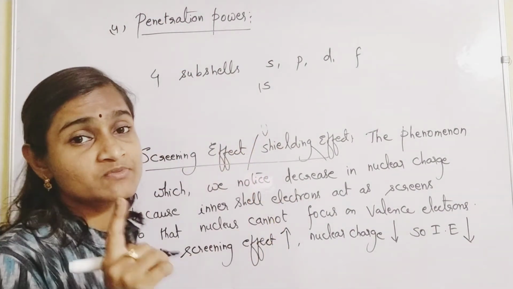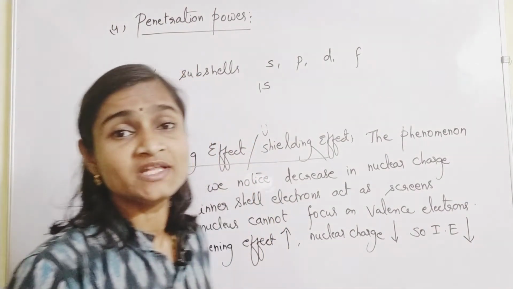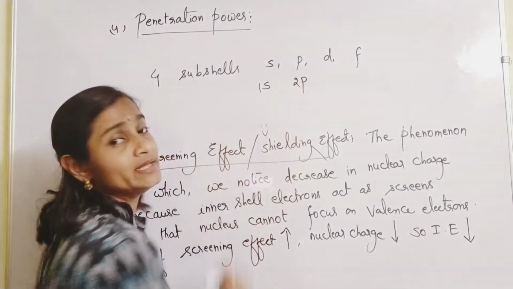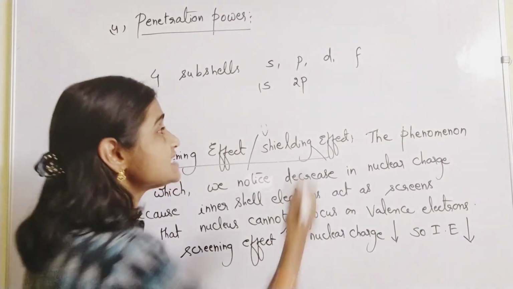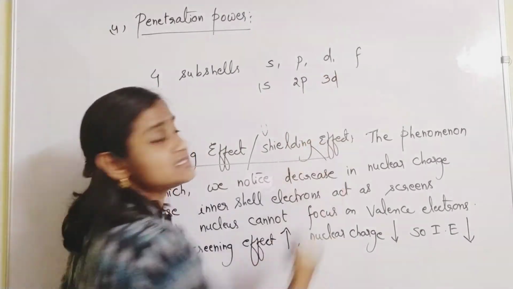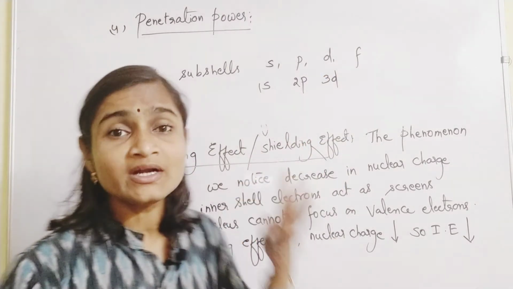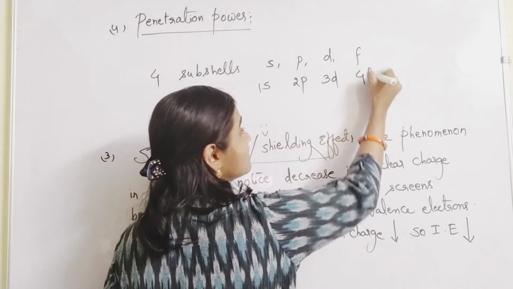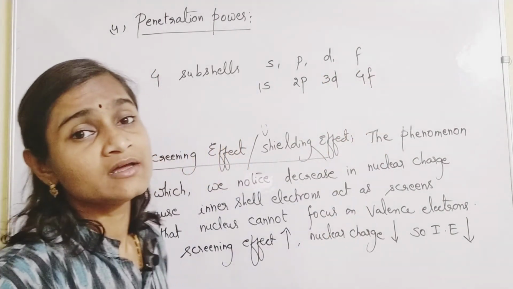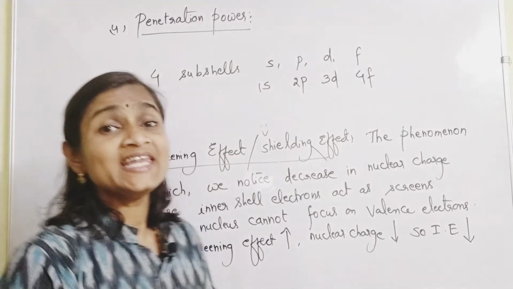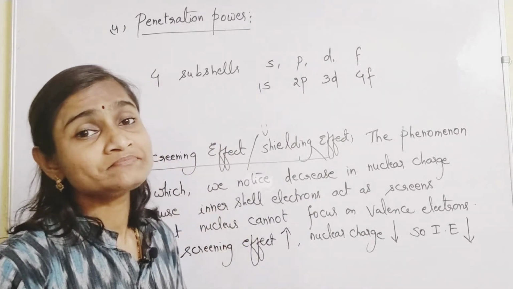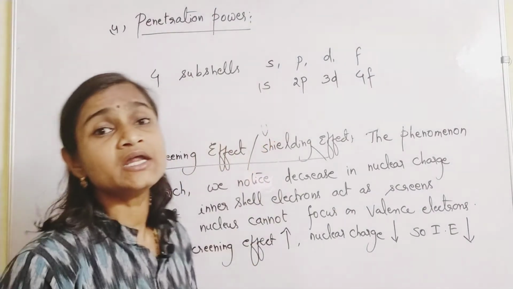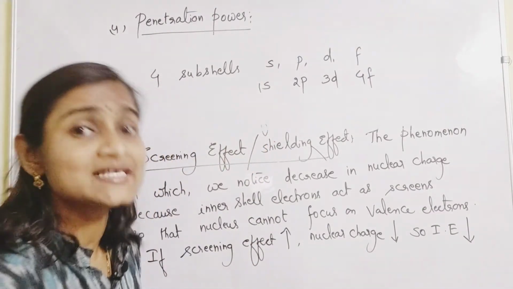In the first orbit, the p subshell won't be there. So p starts from 2p only. Similarly, d starts from the third shell, that is 3d only. 1d, 2d won't exist. Similarly, the f subshell starts from the fourth orbit. That means who is very near to the nucleus? Understand carefully. Who is very near to the nucleus? The s subshell.